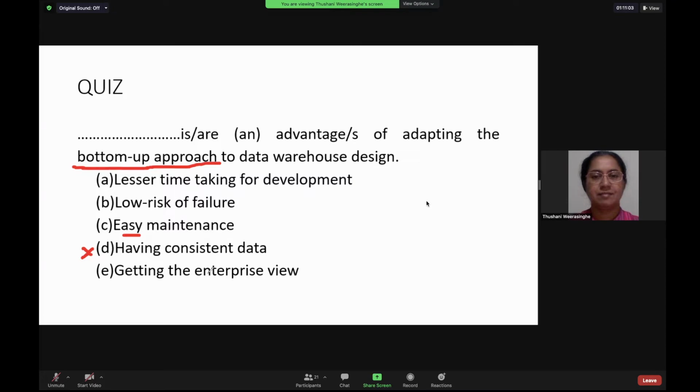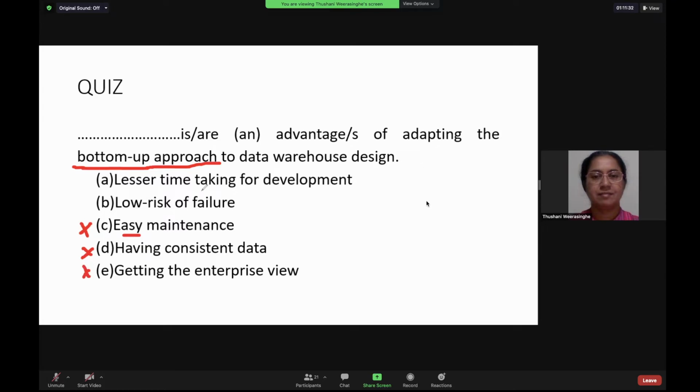Then later on, if you implement a new system, then you will find it very difficult to maintain it, in linking that system to the existing data marts. So easy maintenance is not correct for the bottom-up approach, that means the Kimball approach, this is wrong. Okay, so this is also wrong, this is also wrong.